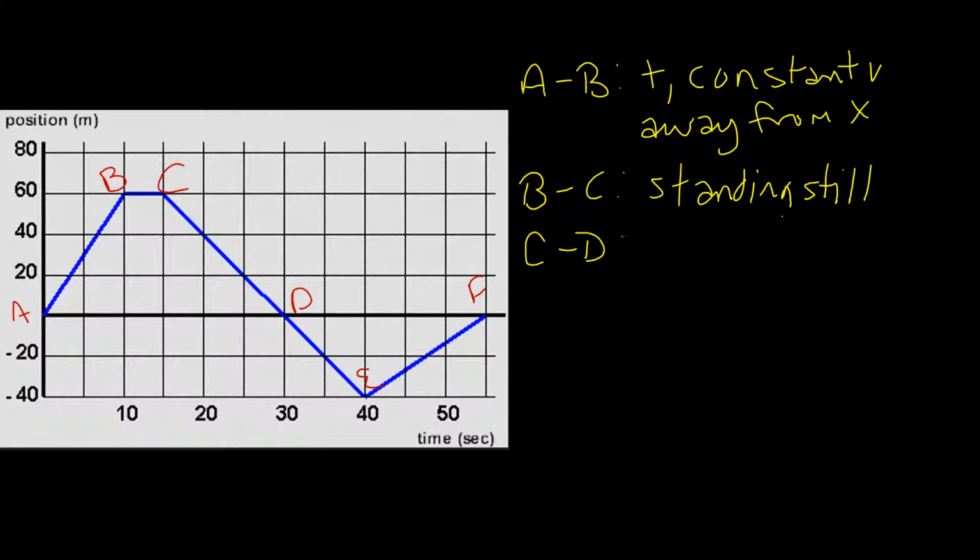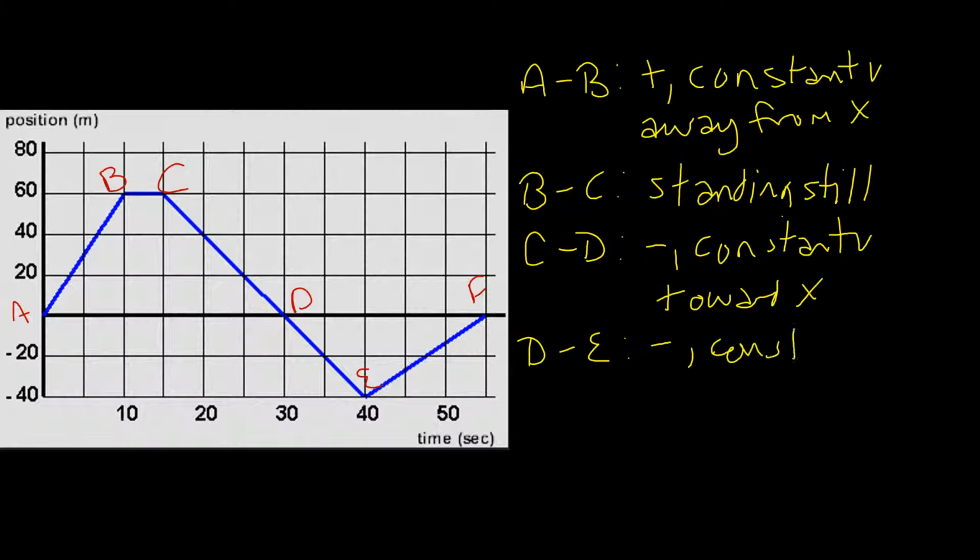From C to D, it has a negative constant velocity, and it is moving toward the x-axis. From D to E, whoops, that should be D to E, it has a negative constant velocity, moving away from the x-axis.